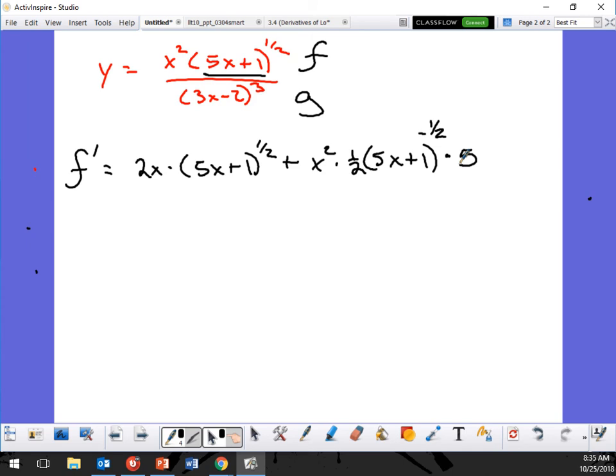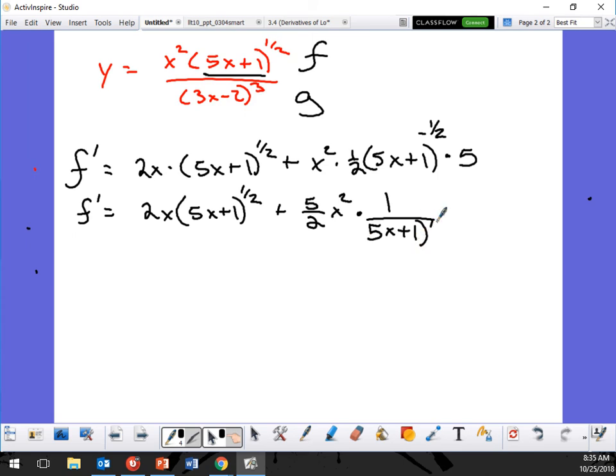Okay, so I can clean this up a little bit. So f prime would be 2x (5x plus 1) to the 1/2, plus 5 over 2 x squared times 1 over (5x plus 1) to the positive 1/2. Okay, so that's the derivative of the top.